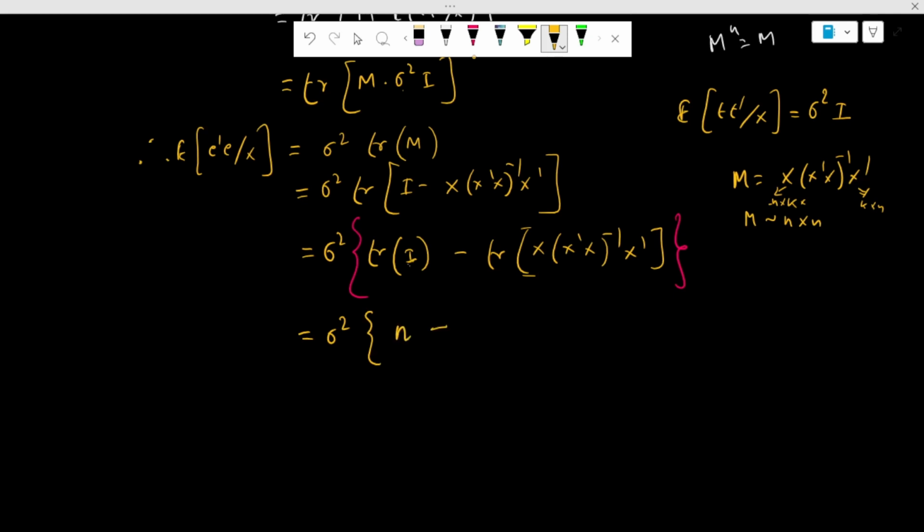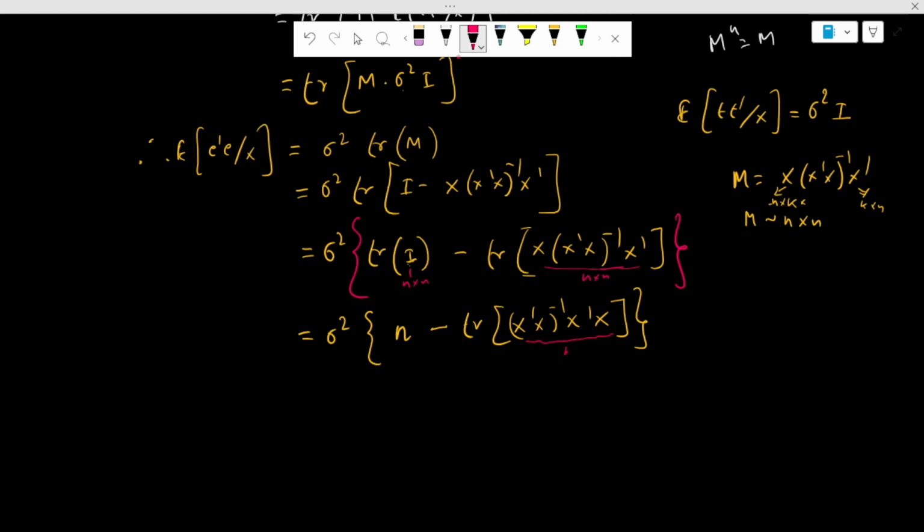Now let us perform the cyclic permutation for this trace. Once again, this identity matrix is of order n into n, as well as this entire matrix, this is also of order n into n. So the trace of this identity matrix is n, and now due to the cyclic permutation, the order of this matrix has changed.